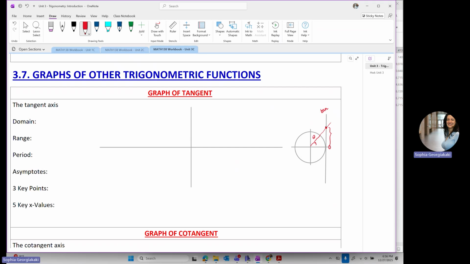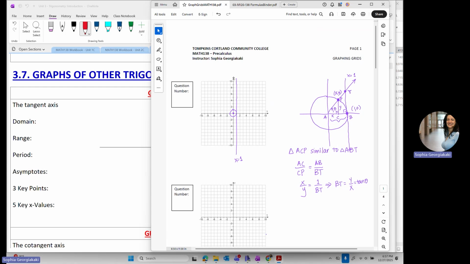So this number, which is a coordinate on that number line, is equal to the tangent of theta. Now we have to understand how that axis looks. And it looks exactly like the y-axis, so they are identical to each other.